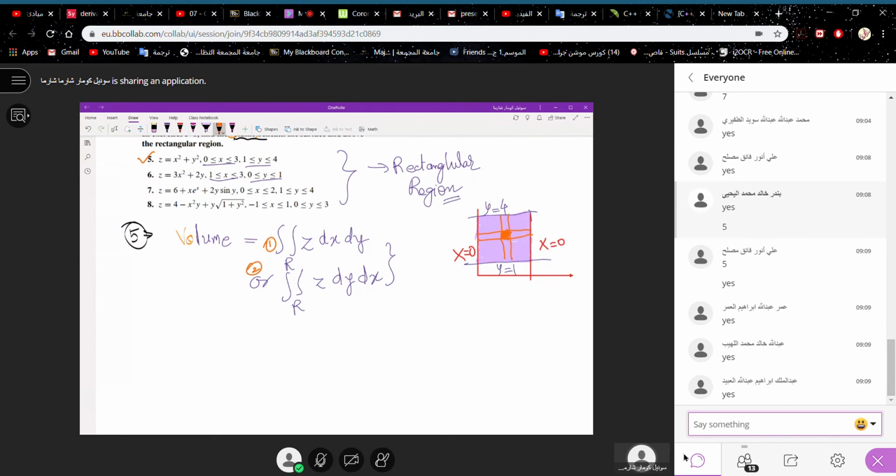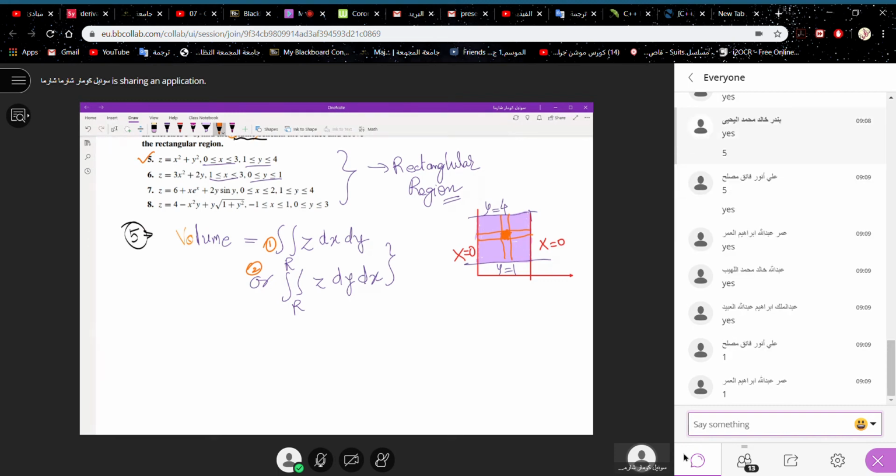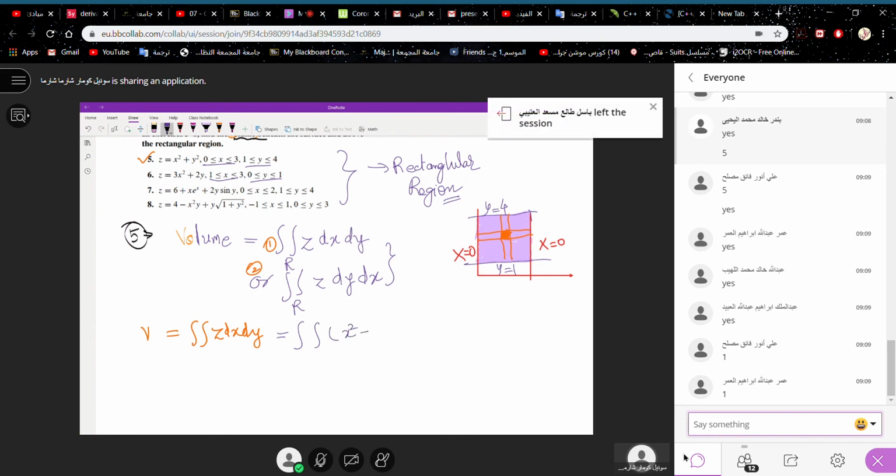One or two? z dy dx or z dx dy? One. Okay. So volume V equals the integral of z dx dy. What is the value of z? This is x square plus y square, dx dy.